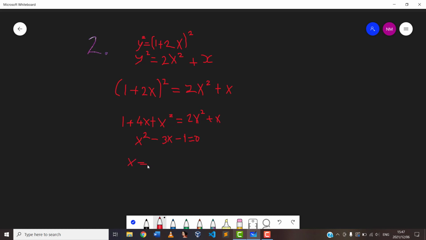So x equals 3 plus minus square root of 13 over 2. So you can just leave it like that, or you can round it to 2 decimal places or whatever you want. So that's the final answer.